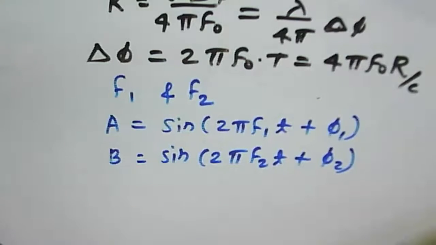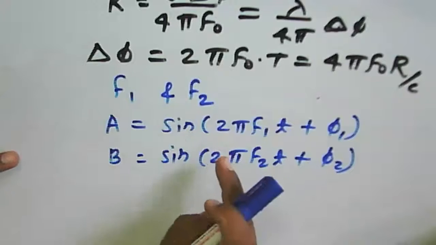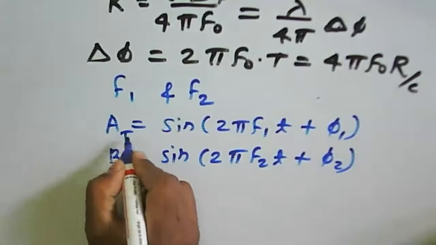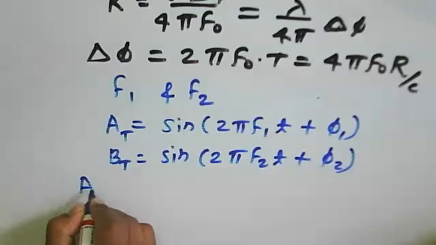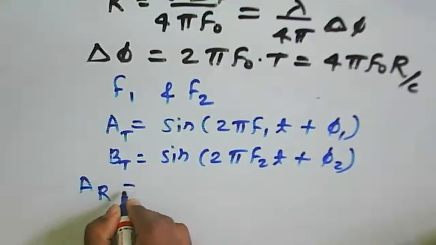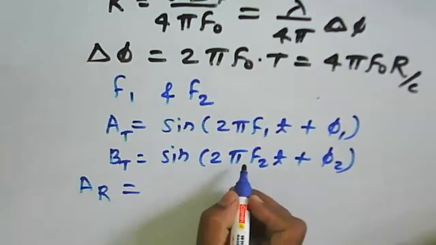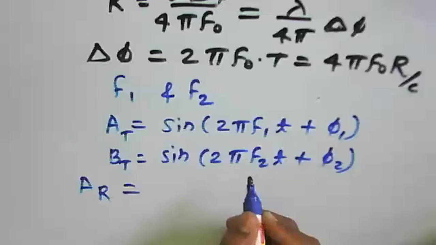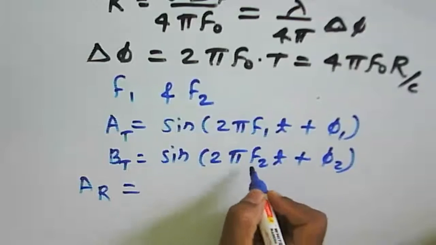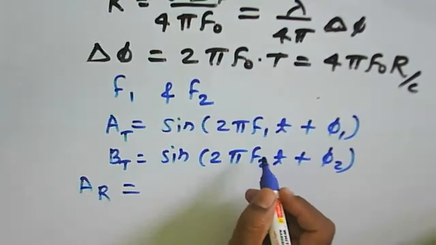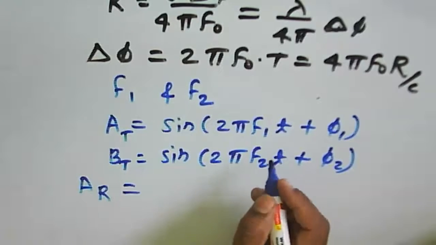Now these are the transmitted signals. What will be the receiving signal, or echo signal, we are receiving? Because the target is in motion, there will be a shift in the frequency. That shift in the frequency is called the Doppler effect.